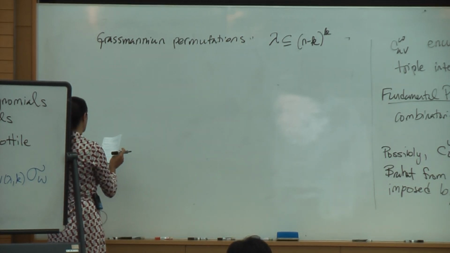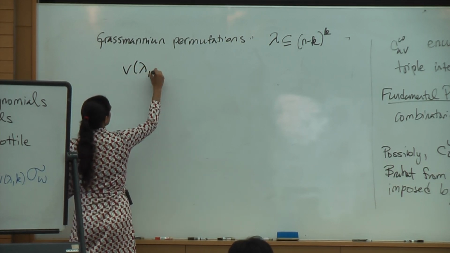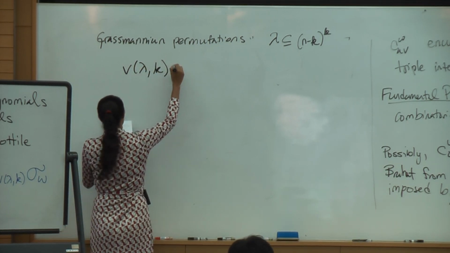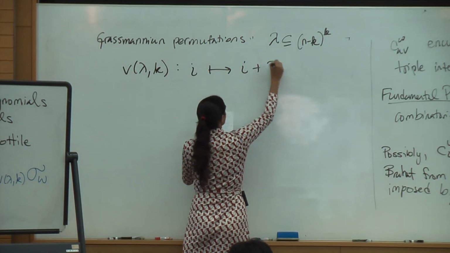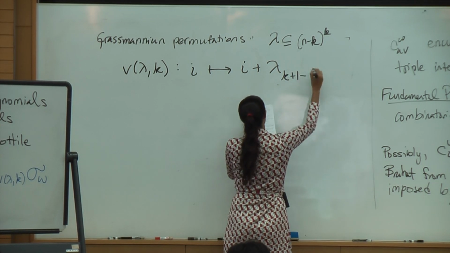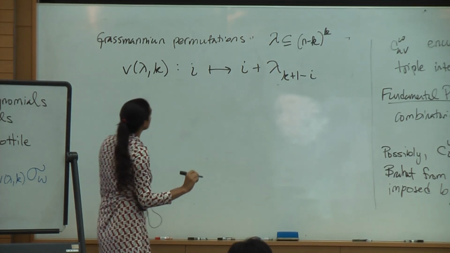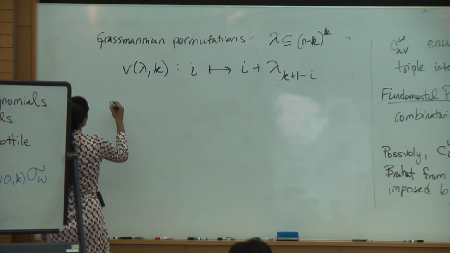Okay, so the formula explicitly for that would be the permutation v_{lambda,k}, which is the permutation that sends i to, and I always screw up indexing, so I'm going to copy this one down hopefully correctly. So this is the map, and now just before I give you the example, let me just motivate it.